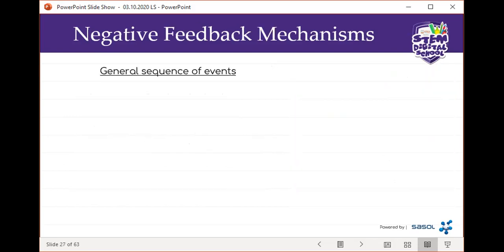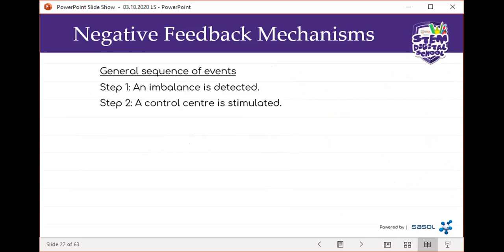Right, so there's a general sequence of events that take place when negative feedback is happening. So firstly, we have an imbalance which is detected. So there would be either an increase or a decrease of the concentration factor. Then step two is that a control center is stimulated. Always we have a control center which is stimulated.